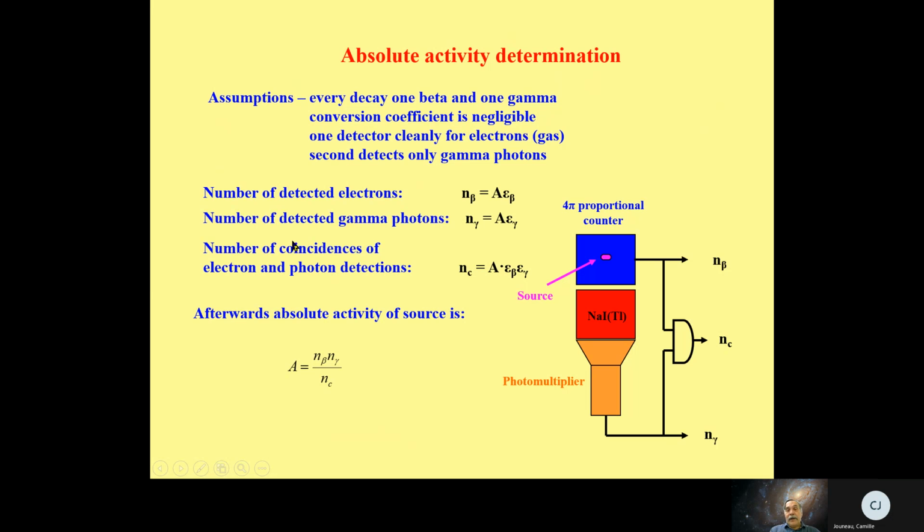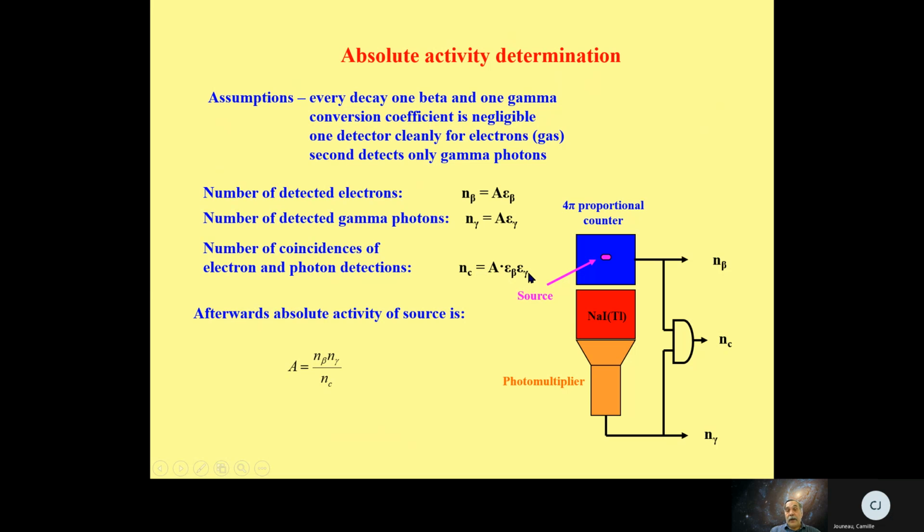That means the number of coincidences which we obtain here is given by the activity times the probability of detection of beta and the probability of detection of gamma. That means the efficiency of the beta, electron detector, and the efficiency of this gamma detector.